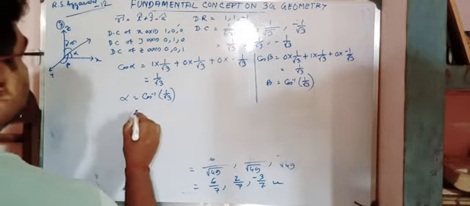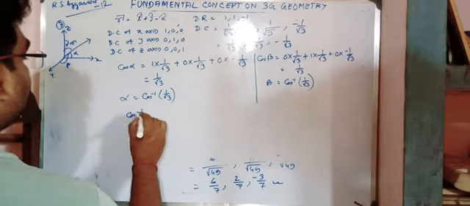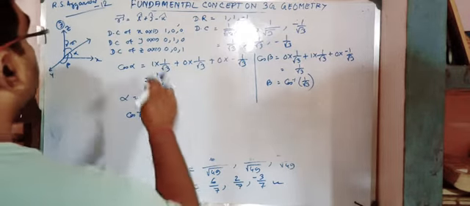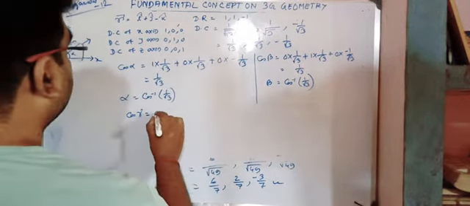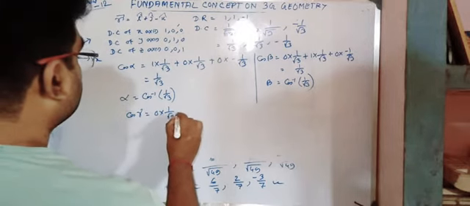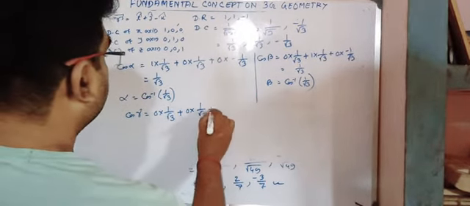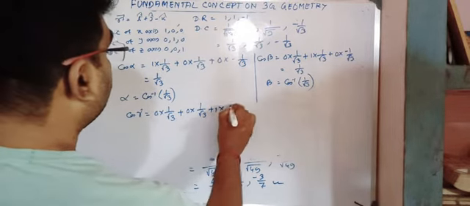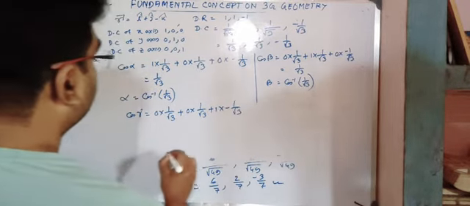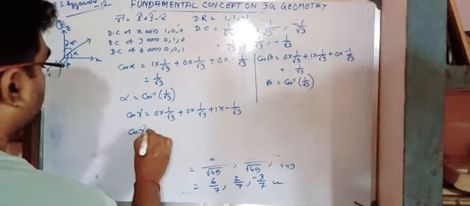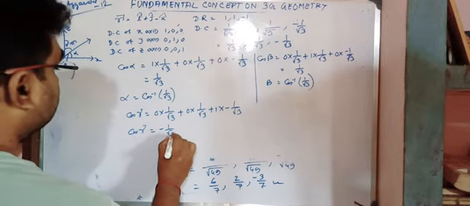That is cos gamma. Cos gamma equal to this multiplied by this plus this multiplied by this plus this 1 multiplied to minus 1 by root 3. So cos gamma equal to minus 1 by root 3.